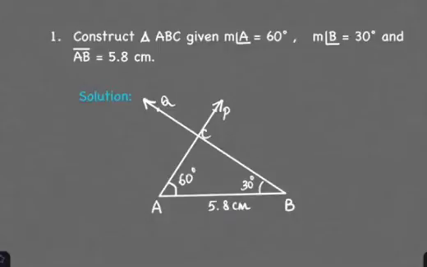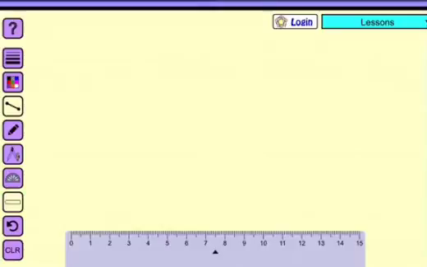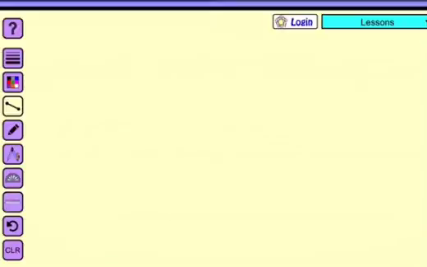As usual, we have drawn a rough diagram. Moving on to the construction. Now to start with the construction, the first step would be drawing a rough diagram. It's a triangle which has two angles and a side. It would look somewhat like this.